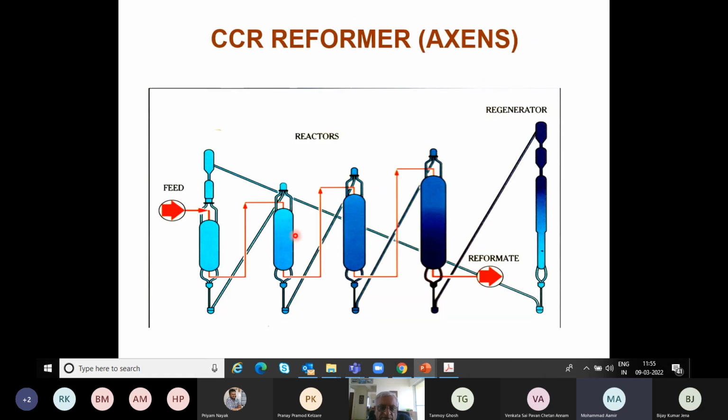If you look at this configuration, if I don't pass this catalyst from one reactor to the second reactor to the third reactor to the fourth reactor, then this is like a semi-regenerative reformer itself. And in fact, this is how Axens invented this technology, because they were looking at a market of semi-regenerative reformers being converted into CCR reformers.